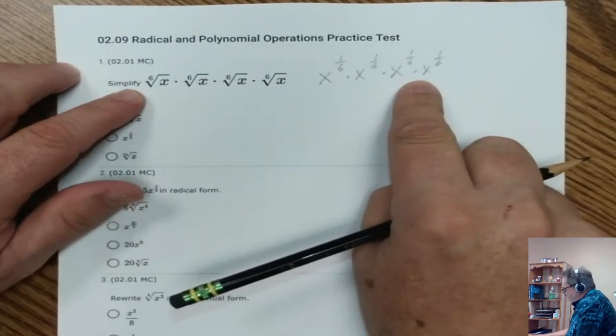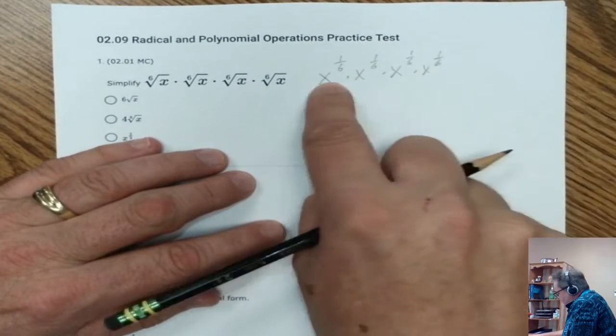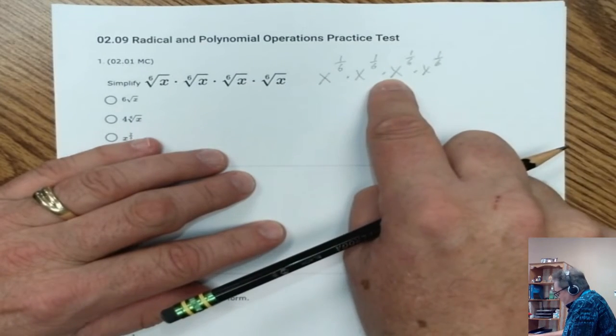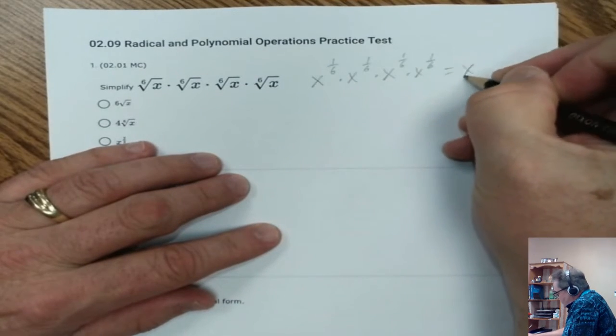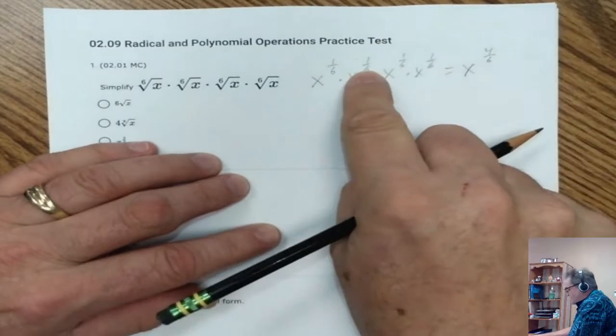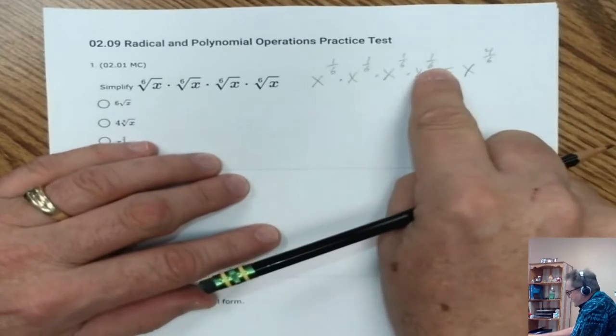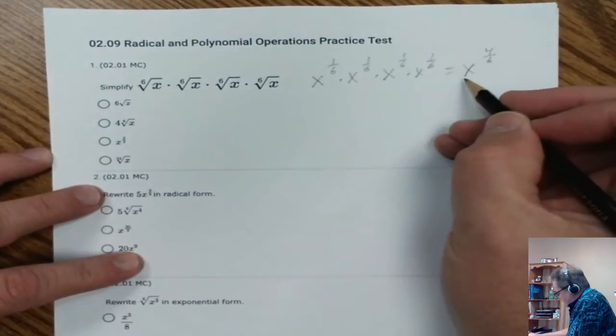Now we can use our rule of exponents. It says when we multiply the same base, they're all x raised to a power, we add their exponents. So that would be x to the 4/6, because they all have the same denominator, so we just add the numerators: x to the 4/6.